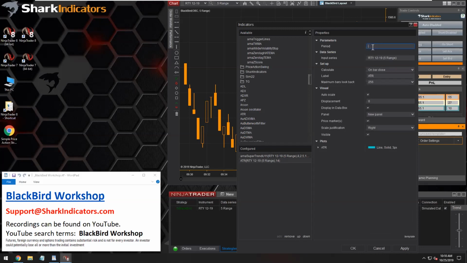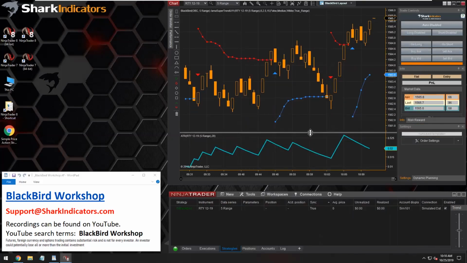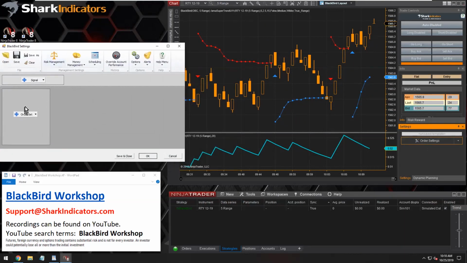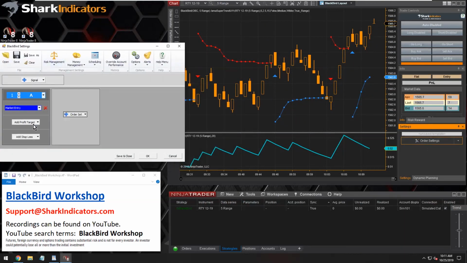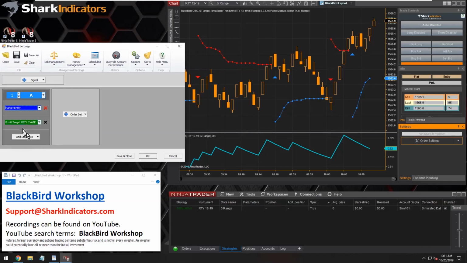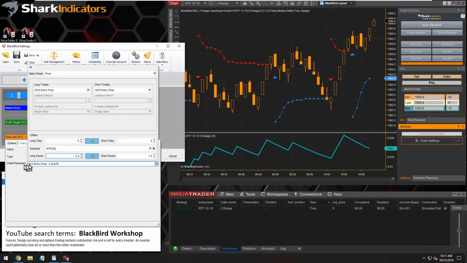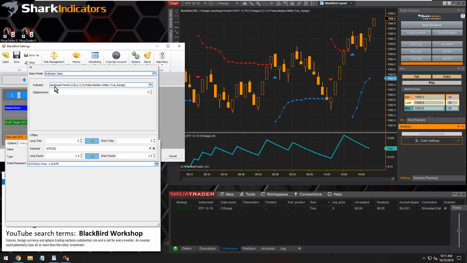I'll knock this up to a 20 period so it matches BlackBird. Oh, I didn't save the settings. Let's do this again here: 2 ATR profit target, a 1.5 ATR stop loss, and actually I was using the stop loss as my example here. So we'll open up the initial placement and set the mode to indicator value.